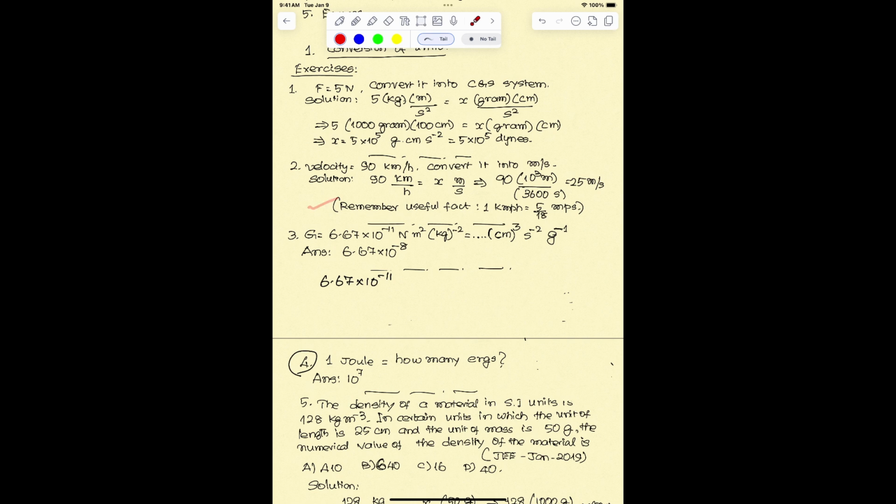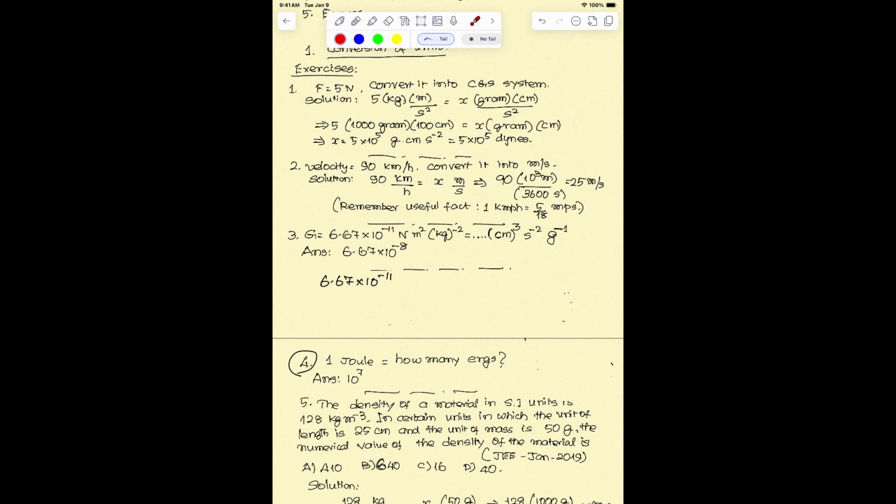Then take for example the third question for practice. The universal gravitational constant G value we know as 6.67 into 10 power minus 11 in SI units, that is Newton meter squared per kg squared. Now we have to convert it in terms of CGS units, which is centimeter cube, seconds power minus 2 and gram power minus 1.